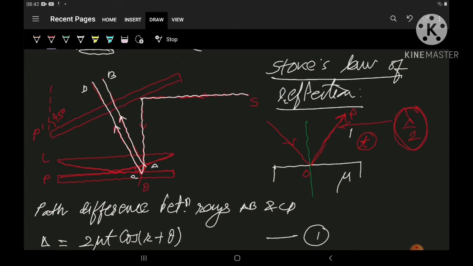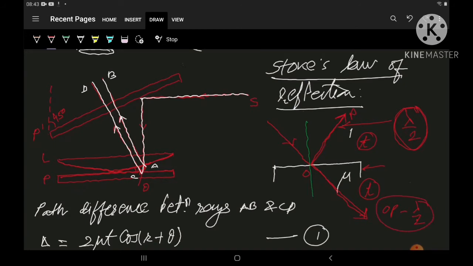Then in the absence of this medium, obviously this light will move in the same direction. So in the same time duration T in this direction, the unreflected light will travel a distance OP minus lambda by 2.